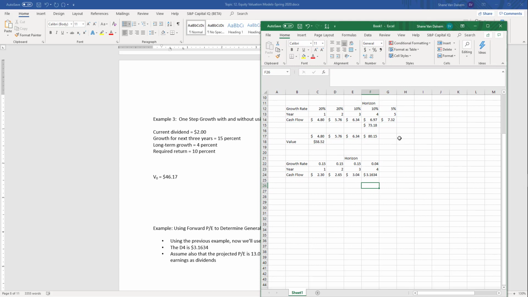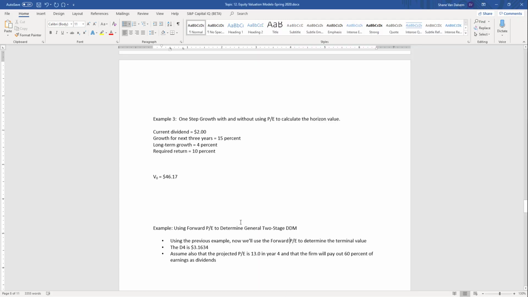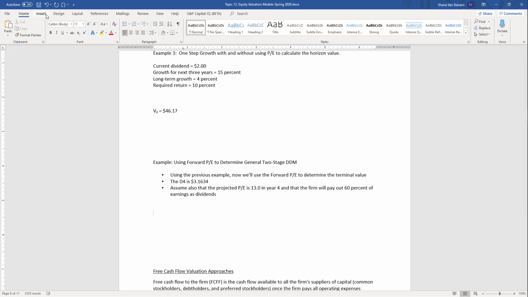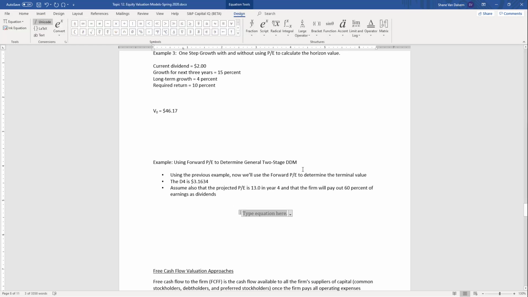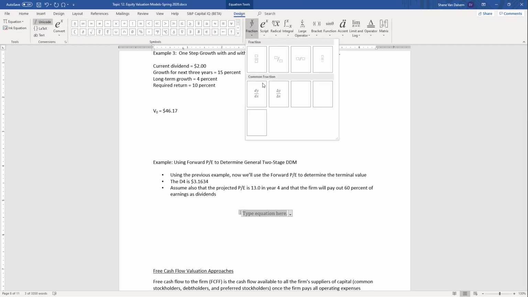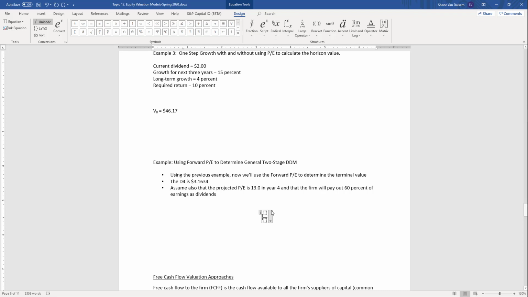So let me just show you here the math, so it makes a little more sense. So our price to earnings ratio, and to be more specific, because this is a forward PE, we're going to use the earnings at time t plus 1 to determine the price at time t.